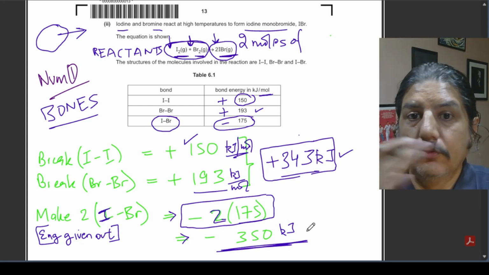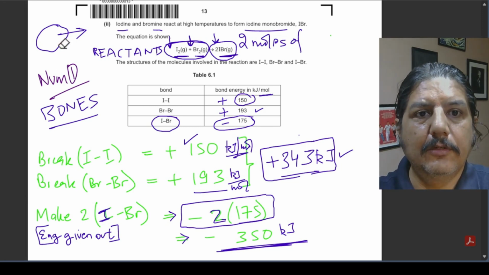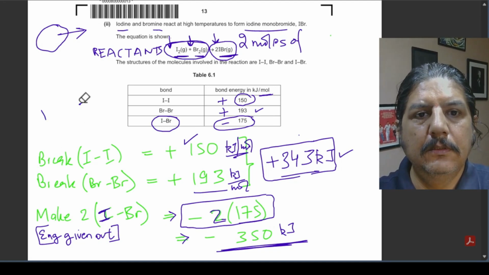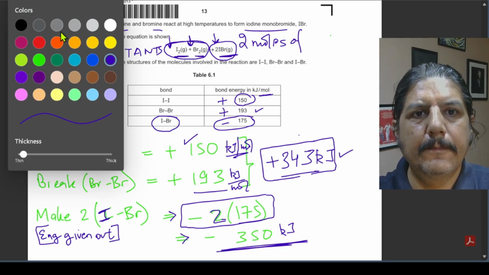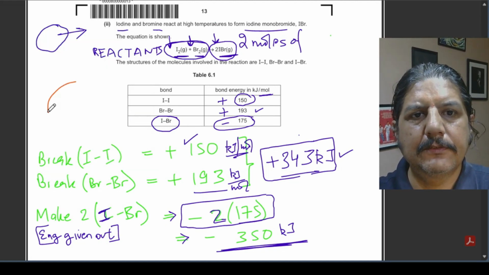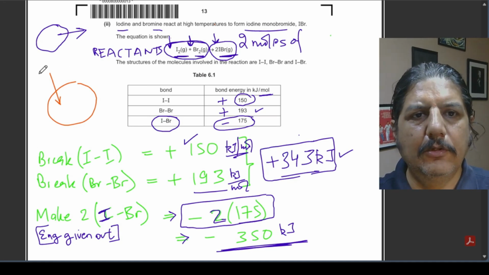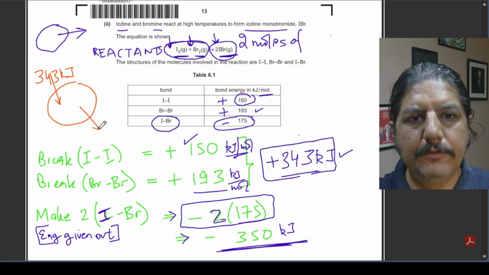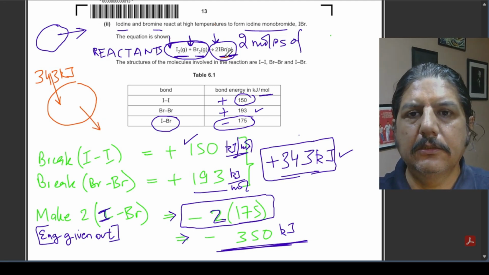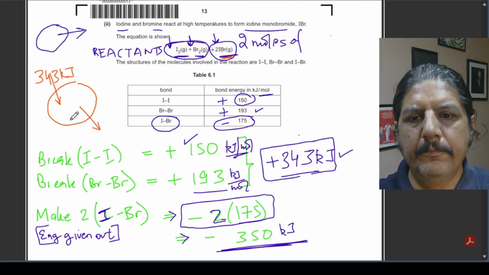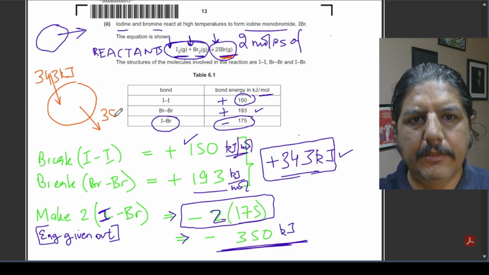the system. So one way of visualizing this is that if this is the system, then the energy required to be put in the system would be 343 kilojoule, and then the energy which will be released when the products are formed would be 350 kilojoule.